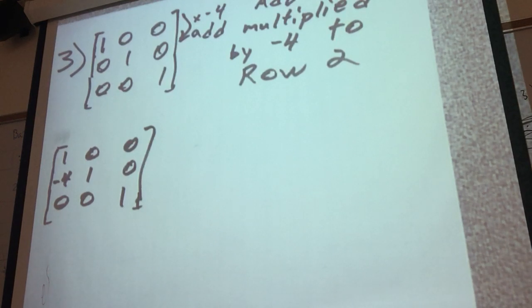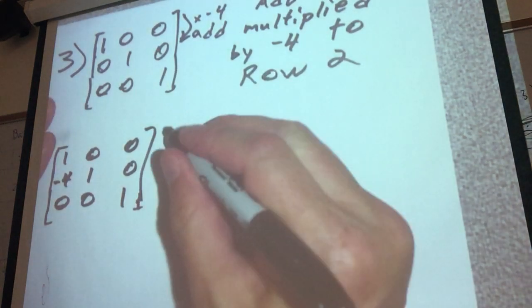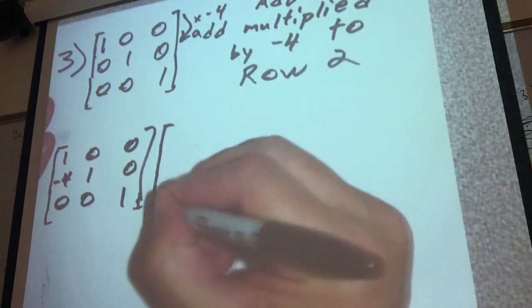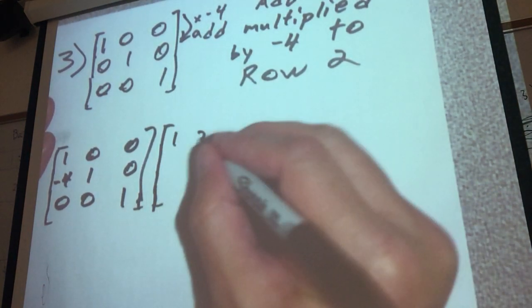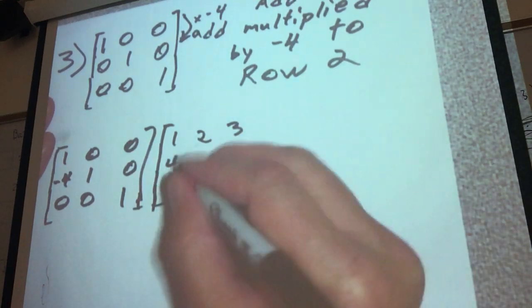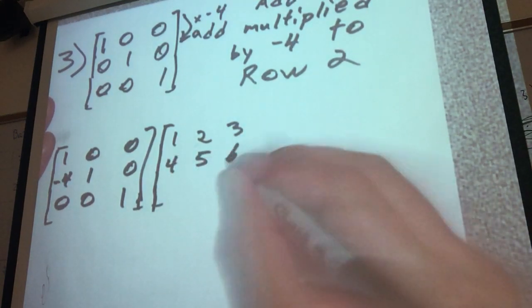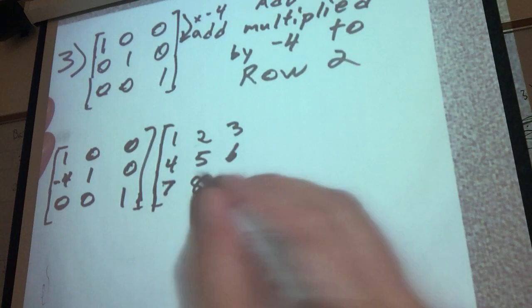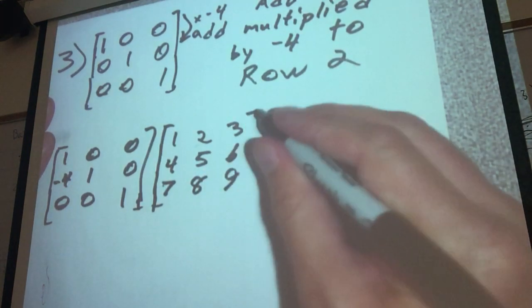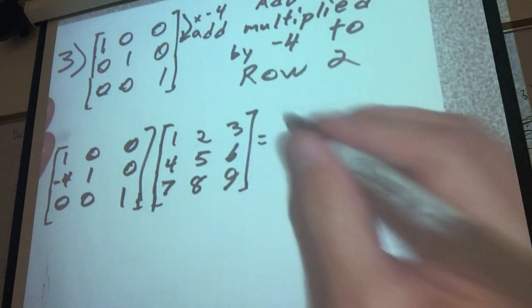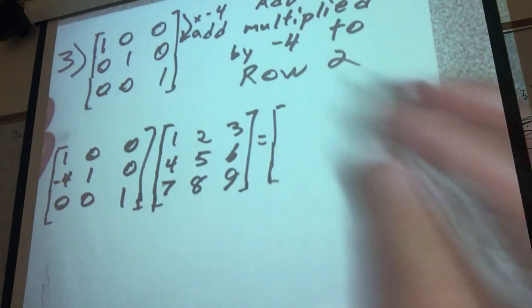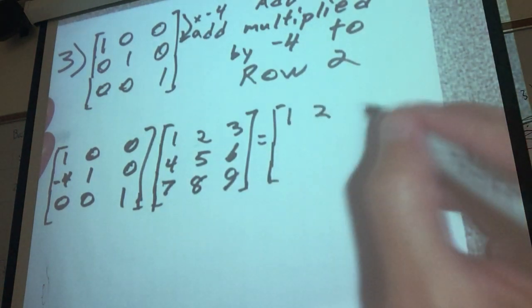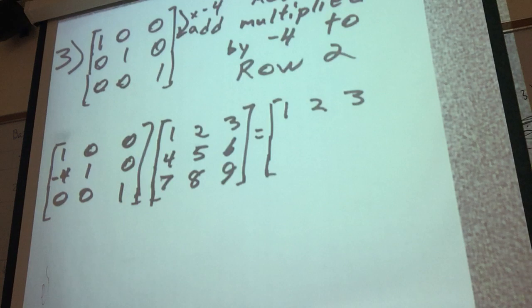Now let's have this act upon that same matrix again: 1, 2, and 3. So -4, 1, 0 acting upon this.